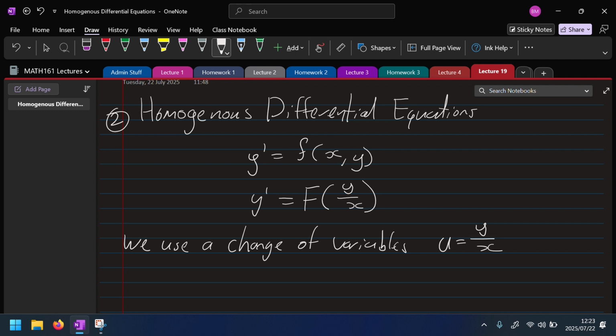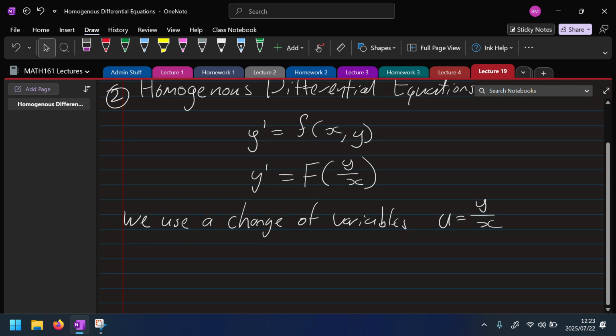So instead of using the variables y and x, we are now going to use the variables u and x. A little bit of rearranging, we see that y is equal to u times x.